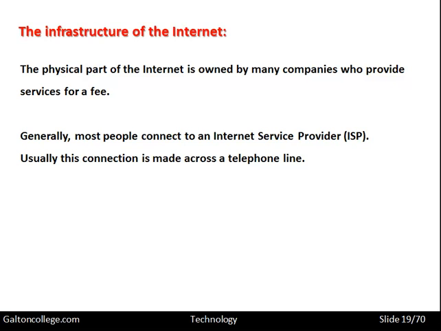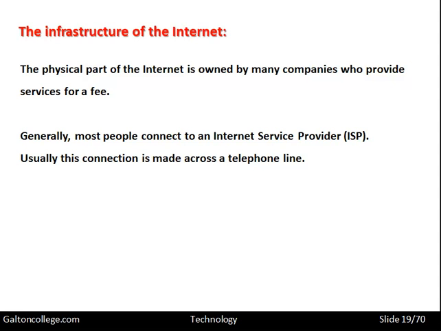And we use a telephone line to make the connection, generally speaking. Although having said that, broadband connections are becoming more and more available. So there's more and more use of fiber optics, at least for part of the journey. Perhaps the last few hundred yards maybe still by telephone wire.